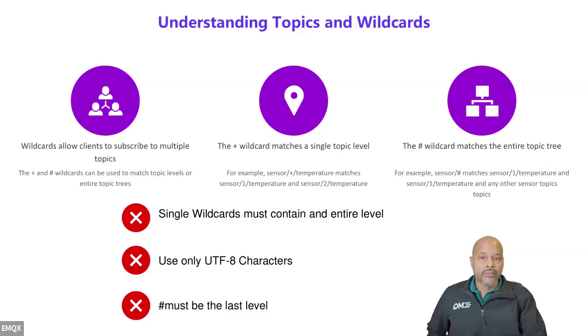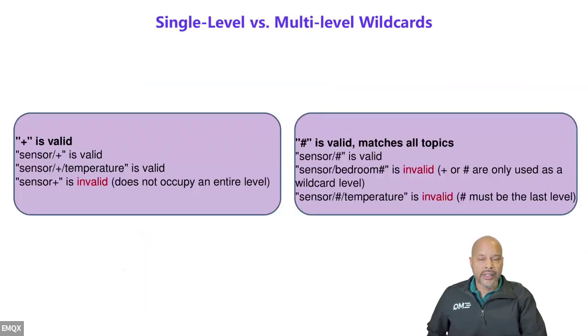So let's see that in a little bit more detail, and what's valid on single level and multi-level wildcards. In the example here, just plus is a valid wildcard, and that would subscribe to everything within level one.